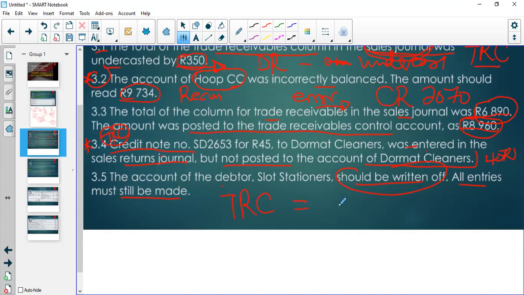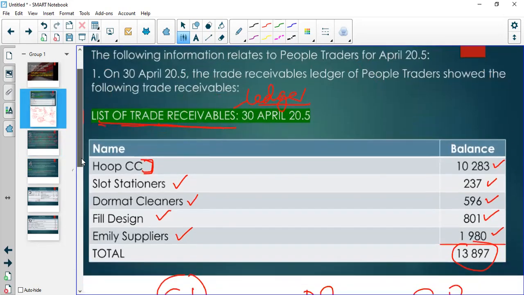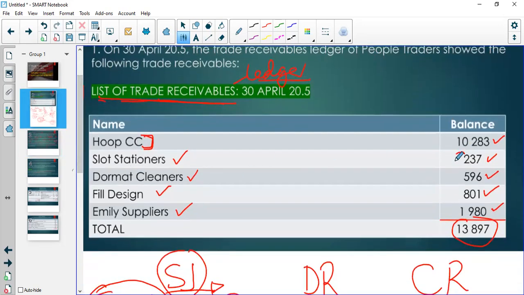So it's going to be an entry on the credit side for the full amount of Slot Stationers, right? So Slot Stationers 237 is going to be credit losses written off. All right. And one of the things you need to know when you deal with trade receivables is the journal entries for credit losses, writing off, the allowance for credit losses, as well as credit losses recovered. Right.